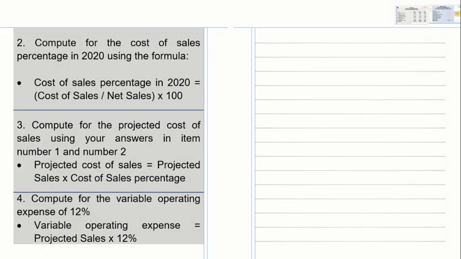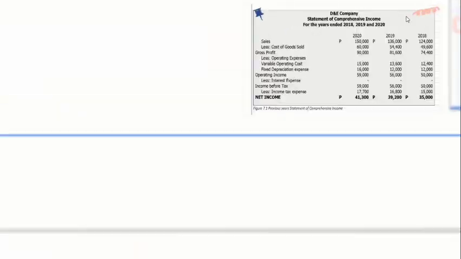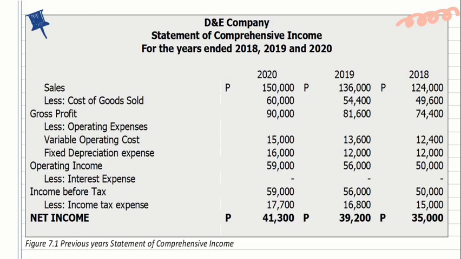Next is to compute for the cost of sales percentage in 2020 using the formula. So, unsa ganito atong cost of sales formula ratio? So, we have cost of sales divided by sales. So, going back, natay 60,000 cost of goods sold or cost of sales divided by 150 na sales.